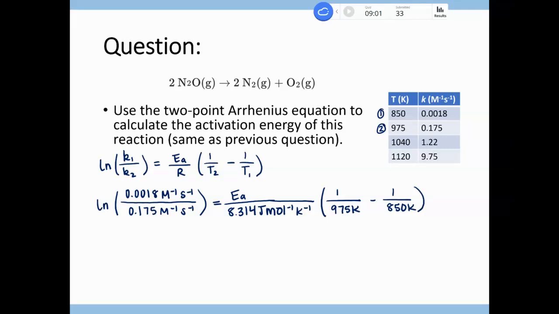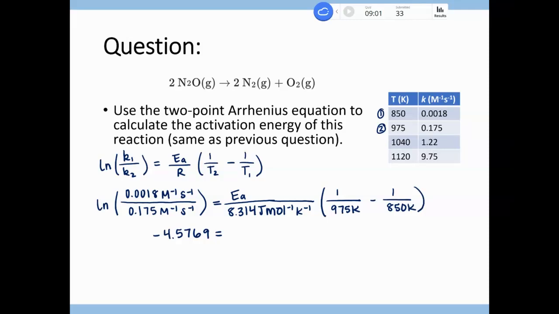Simplifying the left side, the natural log of that fraction is negative 4.5769. Now, what I did next is simplify what's in parentheses, 1 divided by 975 minus 1 over 850, and then divided by 8.314.